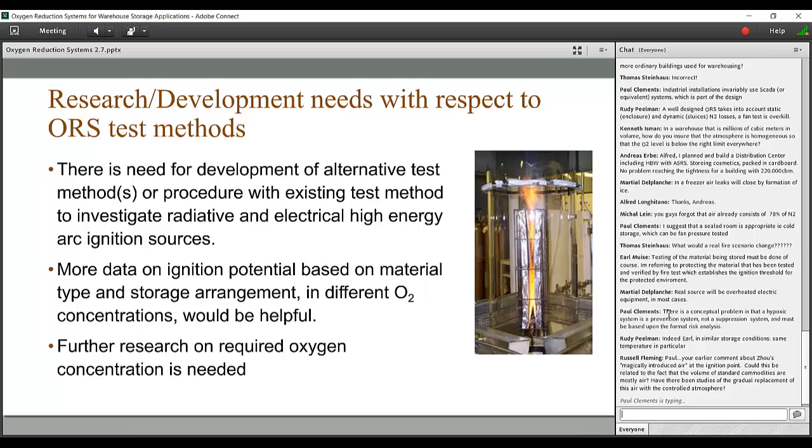Also, talking about these ignition sources, we've seen this type of pre-mixed gas burners, and in certain applications maybe there is a pre-mixed flame, but maybe not often in a facility like warehouses.